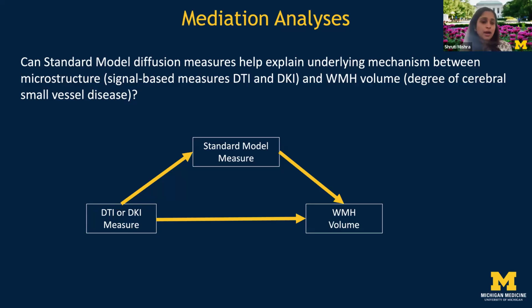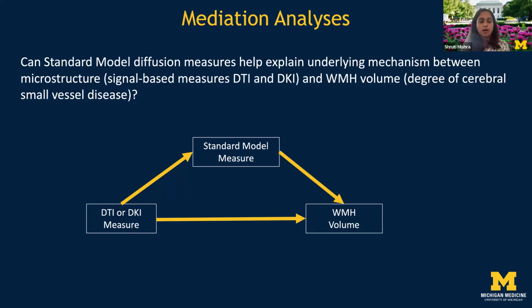Can we use that to help us explain the underlying mechanistic change between microstructure impairment, as measured by DTI and kurtosis, these signal-based measures, and white matter hyperintensity volume, again, using that as our surrogate for degree of cerebral small vessel disease.